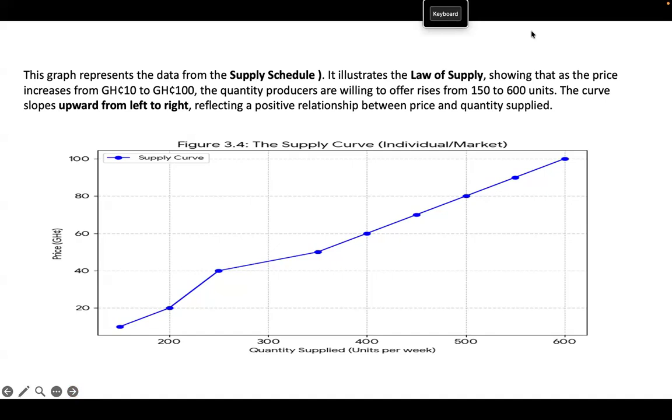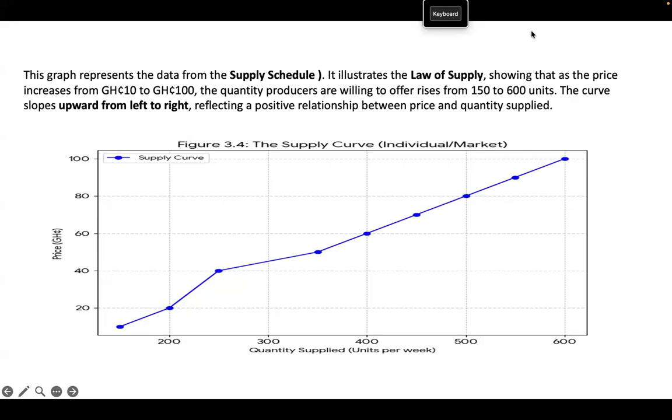Downward is the demand curve. So is there a case whereby it is opposite? Yes, that's where we get an abnormal supply curve.